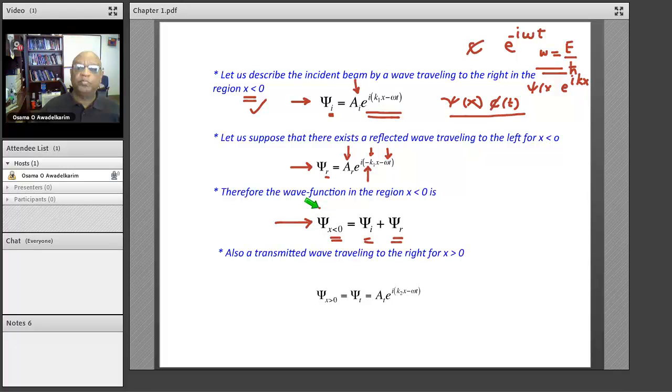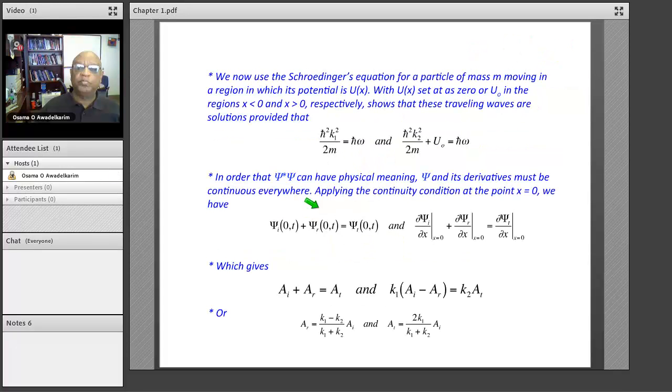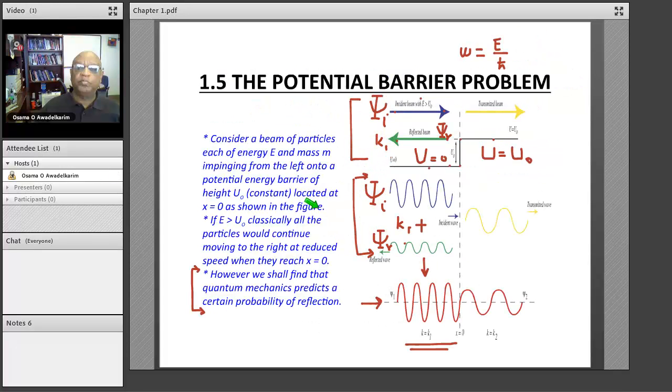Now, let's go to the right-hand side. Here we have this yellow wave, which is the transmitted wave. On this side, we will have a different wave number, let's call it K2, right?